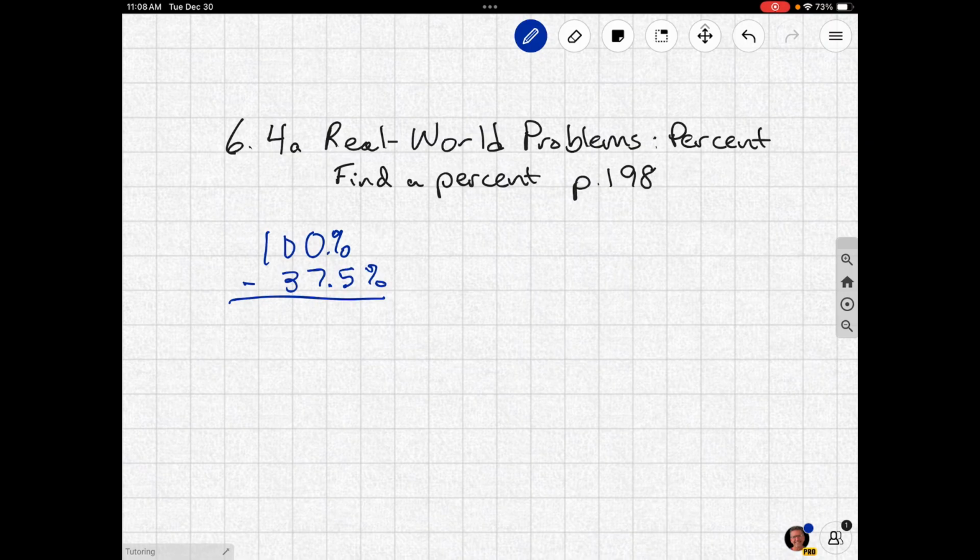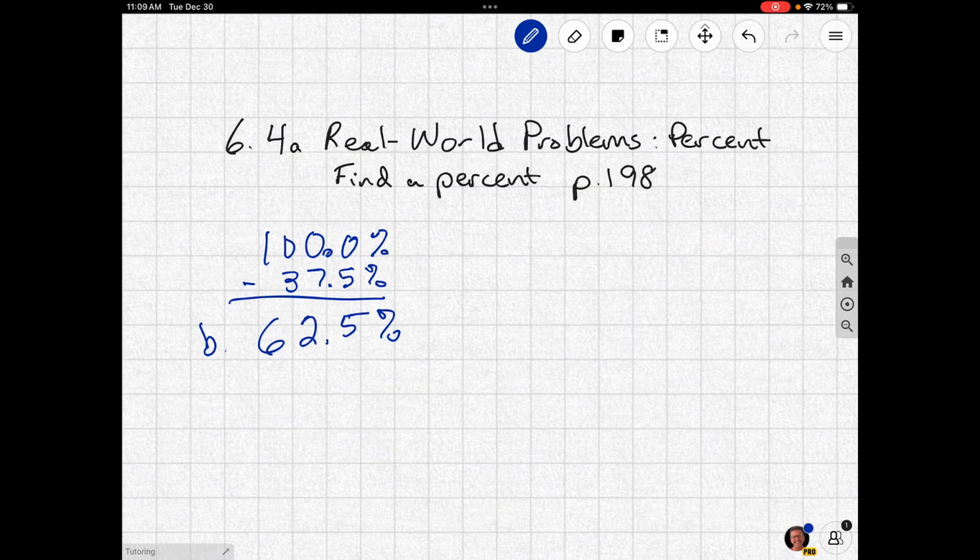So I'm going to call this 100.0%. And if I regroup, I can do this in my head. Hopefully most of you can do it in your head too, but we get 62.5%. So that's the rest of the team, part B answer.